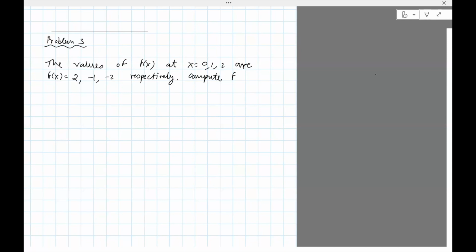Compute f prime at x equals 0.5. You could also write this as f prime at 0.5. Okay, the same thing.